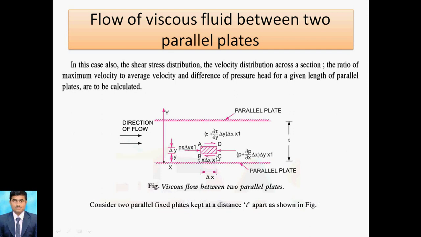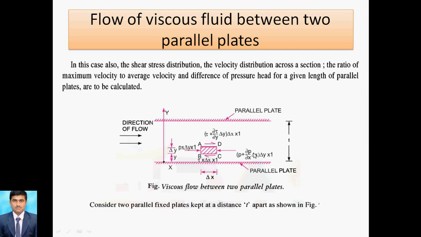Similarly we consider the opposite force on the other side, that is on face CD. That face becomes P plus dou P by dou x into delta x, into delta y into 1. If delta x is 0, CD becomes AB, that means there is no gap.